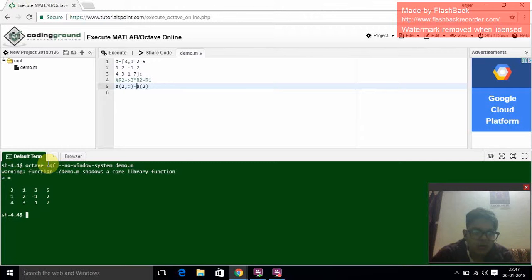We want to multiply all the elements of the second row by 3, and then subtract from it all the elements of the first row. Then we will execute it.